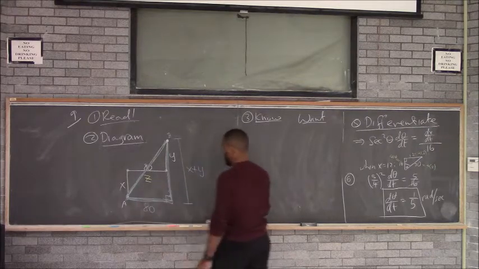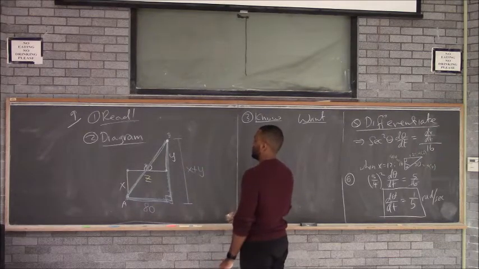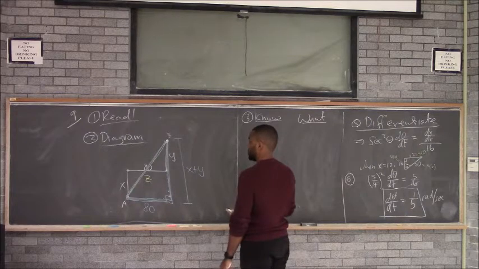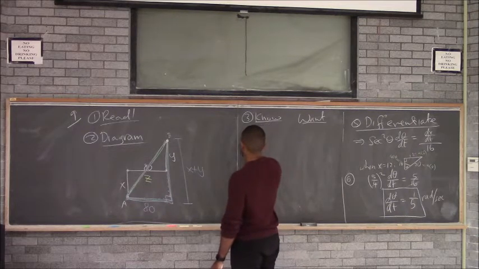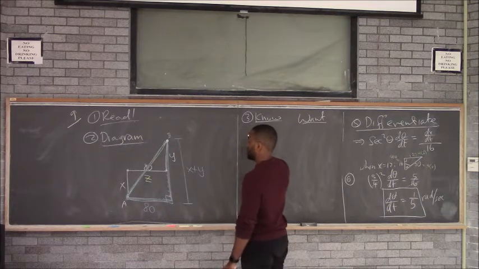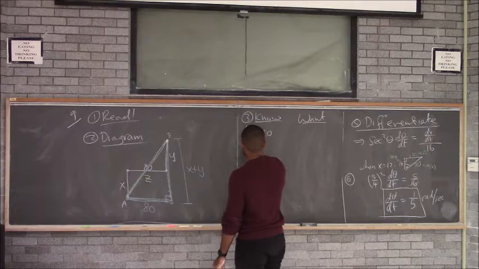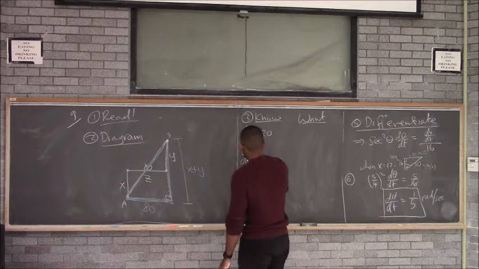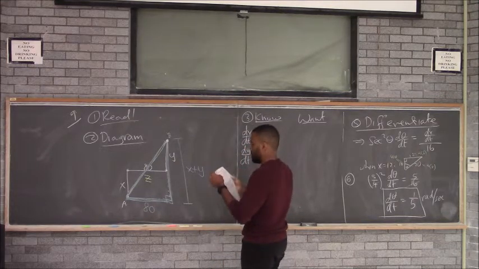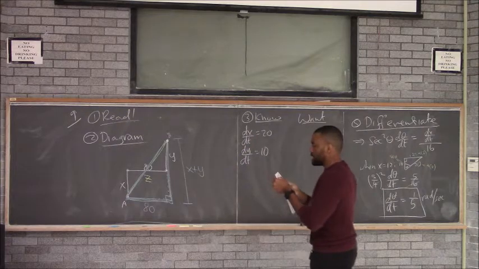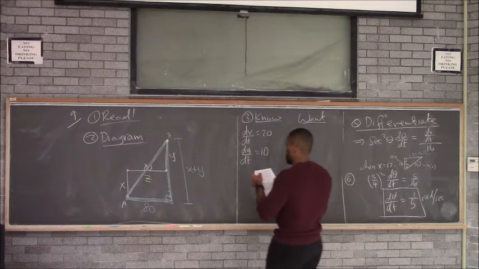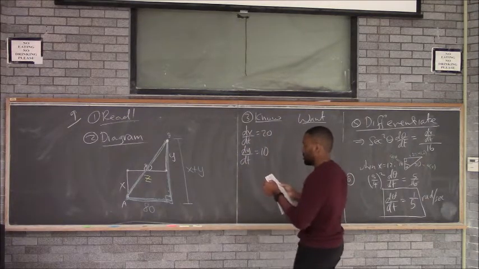And we also know the rate at which X and Y are changing, which is 20 for X and 10 for Y. How do you write that down? dx/dt is equal to 20, dy/dt is equal to 10, because ship A is sailing at 20 miles per hour, ship B is sailing at 10 miles per hour. Okay, so that's fine.